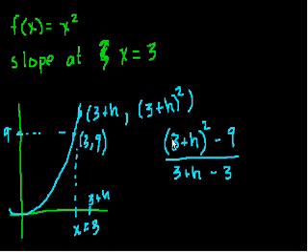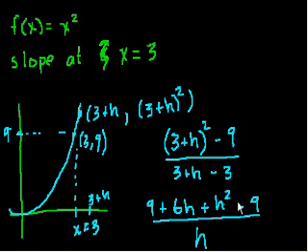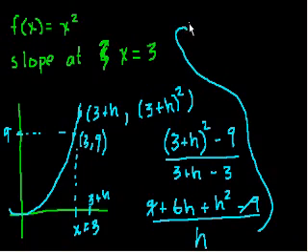So if we multiply out the top part, what's 3 plus h squared? That's 9 plus 6h plus h squared, and then you get the minus 9. All of that is over h, because the 3 and the minus 3 cancel out. And the 9 minus 9 cancel out too.